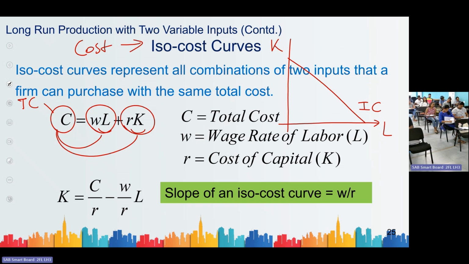Cost on capital is R. R stands for cost of capital. It's similar to the wage rate. Wage rate is the amount of payment for 1 unit of labor. So R is also a similar concept. Amount of rupees paid for 1 unit of capital.